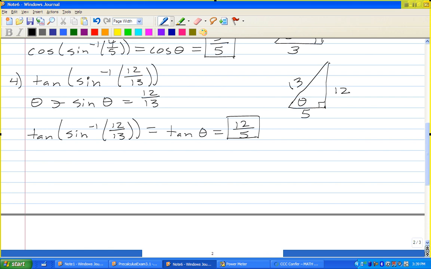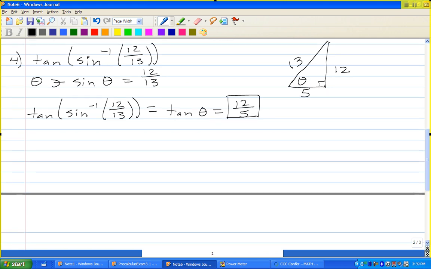Let me do problem number 5. Cosecant of 7 pi over 6. Okay.